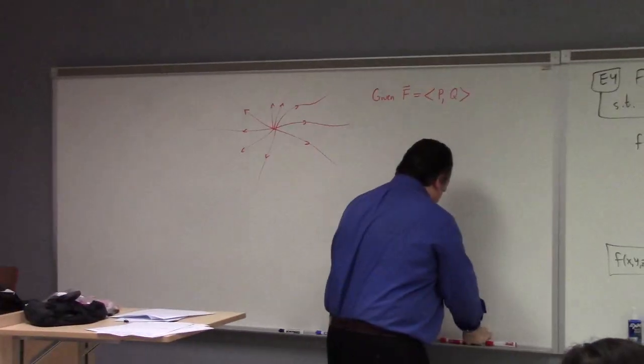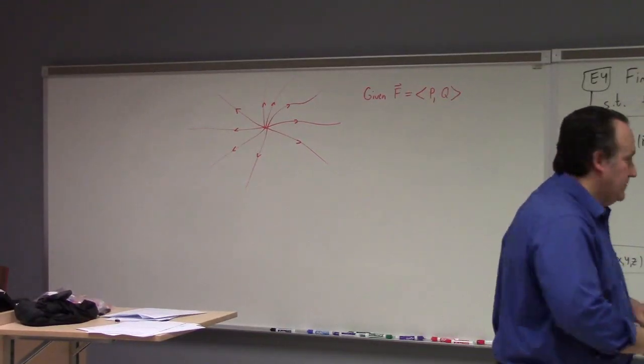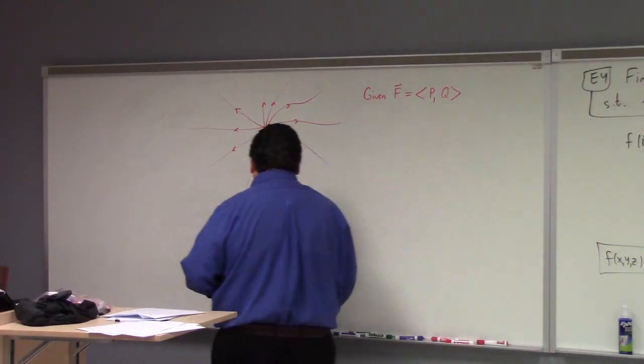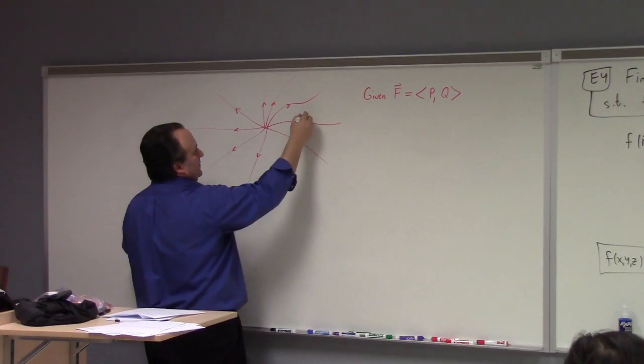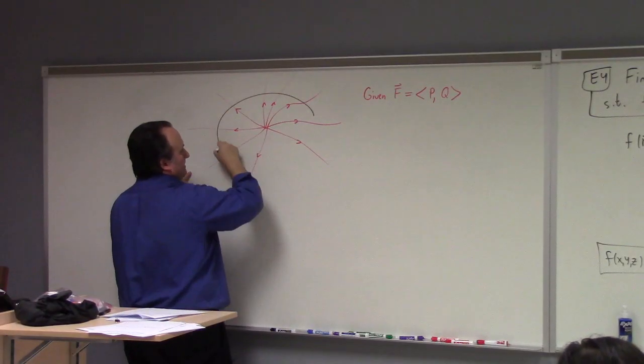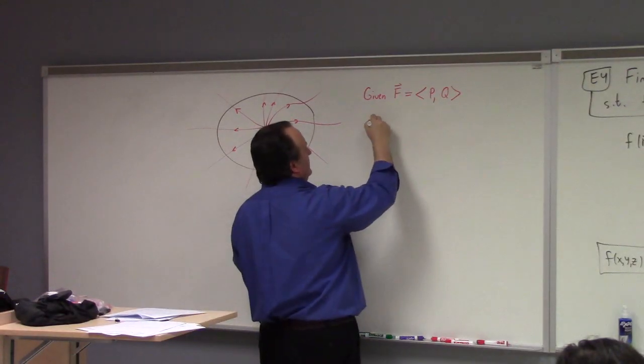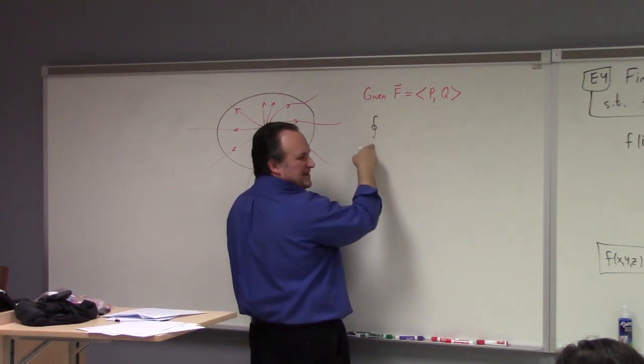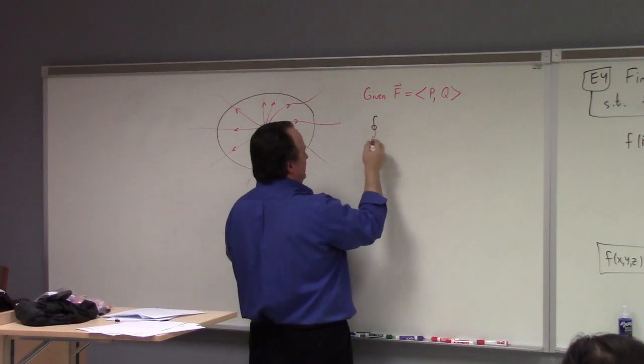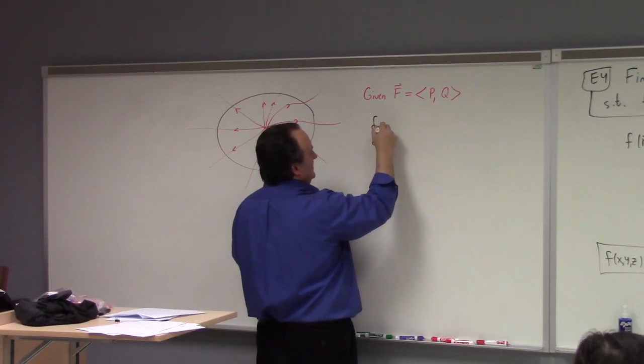And we want to define basically the flux. We have some curve, right? Like this maybe. And we use this closed circle to indicate it's a loop that we're calculating. It's a closed curve. We'd like to define F.